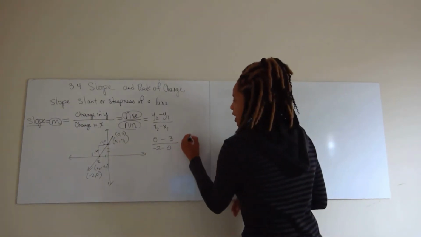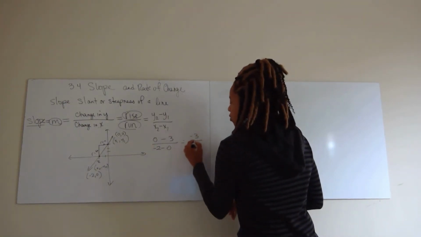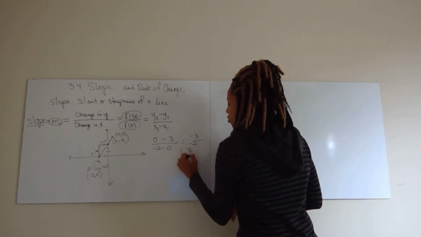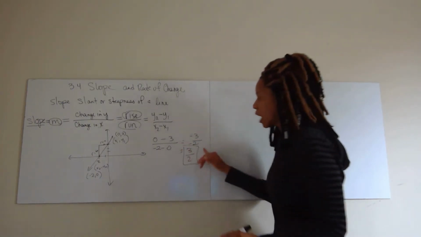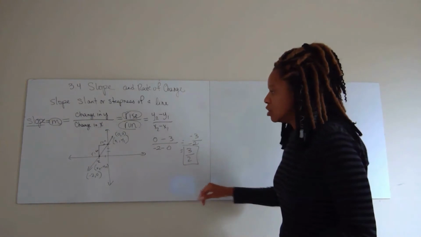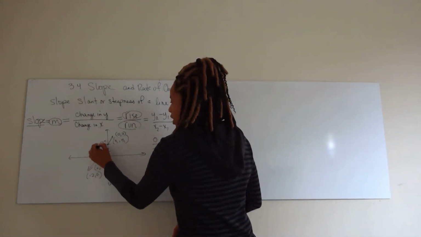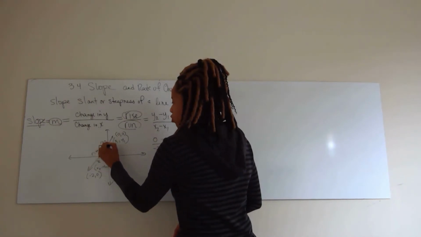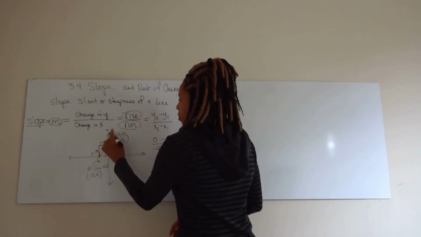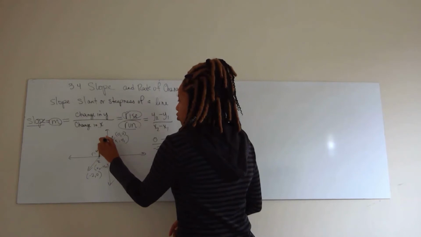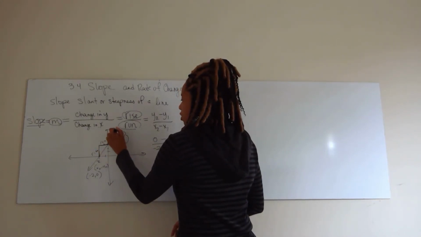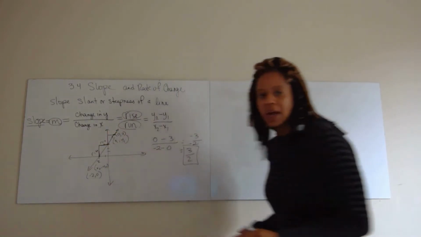So when I do that, I get -3 over -2. So we get a slope of 3 over 2, a rise over a run. So I can rise up 3 places, 1, 2, 3, and run over 2, 1, 2, and I get on the line. I could do it again, 1, 2, 3, and run over 1, 2, and I would still be on a point on the line.